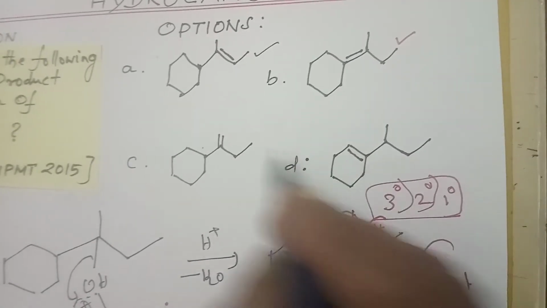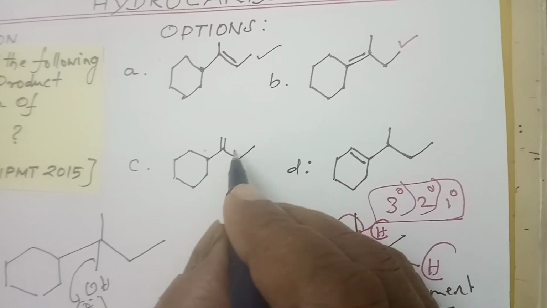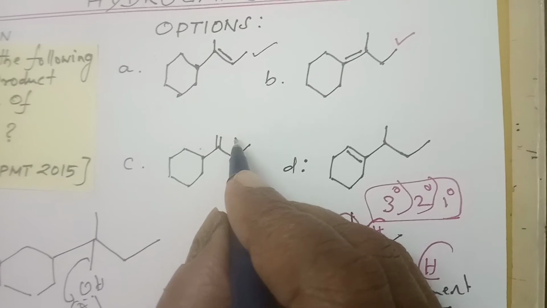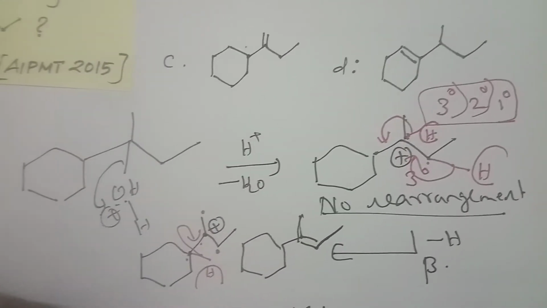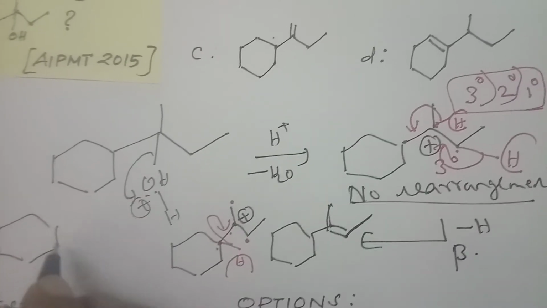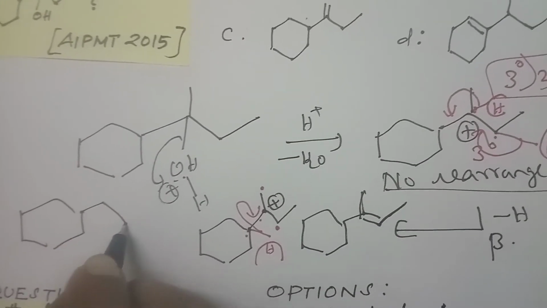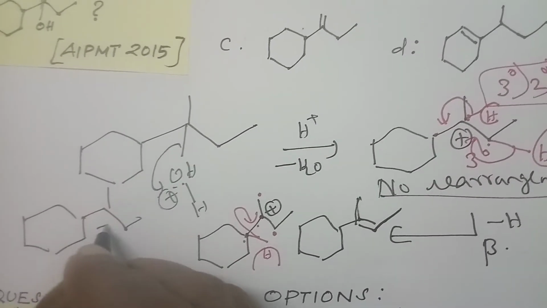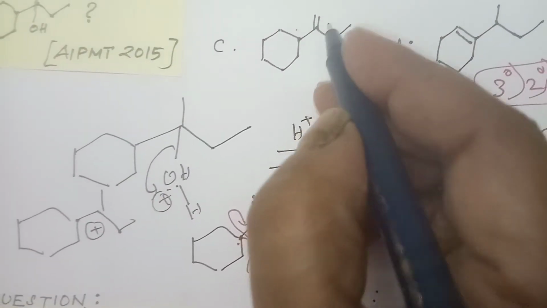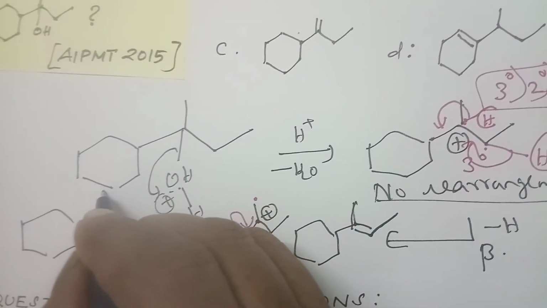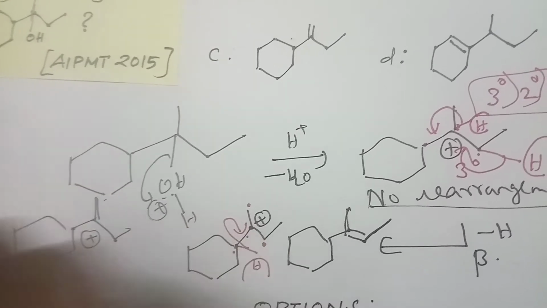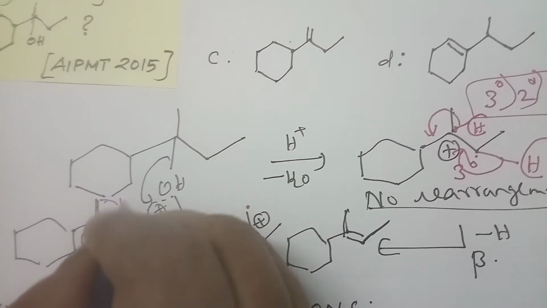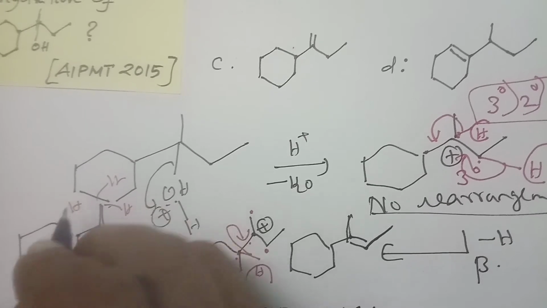Let us see how we are going to do this one; for that I will give one more diagram. We need only this structure. Here the terminal hydrogen is removed, which has 3 hydrogens: hydrogen 1, hydrogen 2, hydrogen 3.